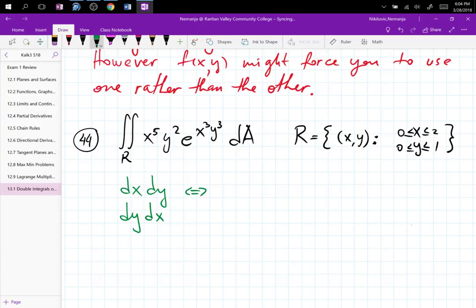Now if we do dx dy, we actually have to do 2 integration by parts and then u sub. No, 3 integration by parts, sorry. 3 integration by parts and then u sub. And over here, if you do dy dx, you get to do just a u sub.